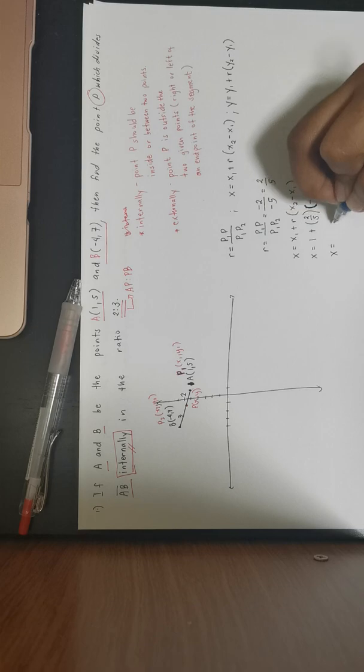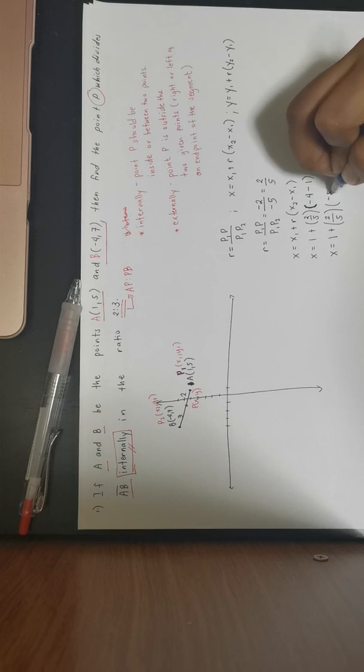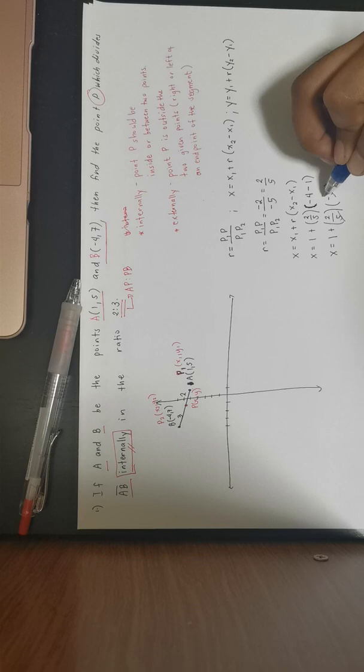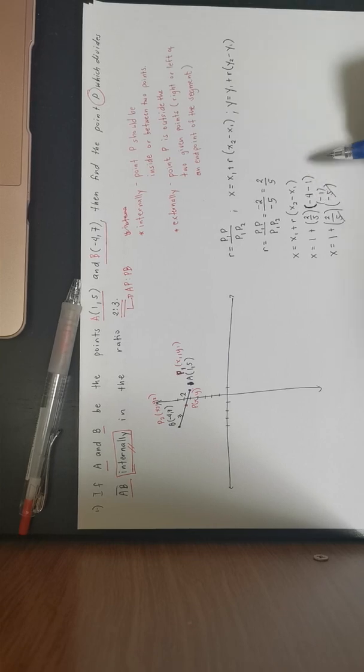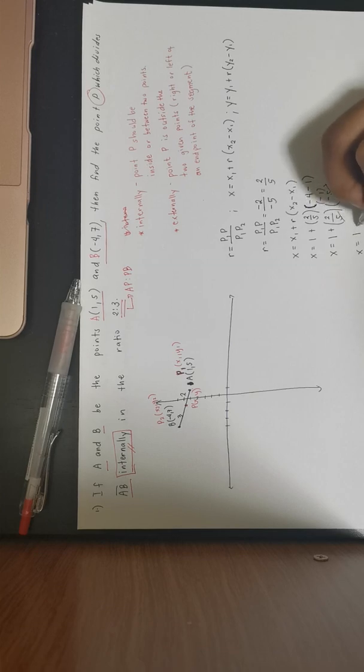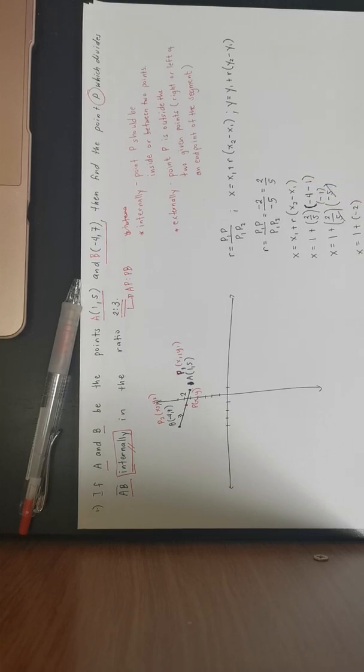So x is equal to 1 plus 2/5 times negative 5. Cancel, this becomes negative 1, so 2 times negative 1 becomes negative 2. So 1 plus negative 2, x is equal to negative 1.